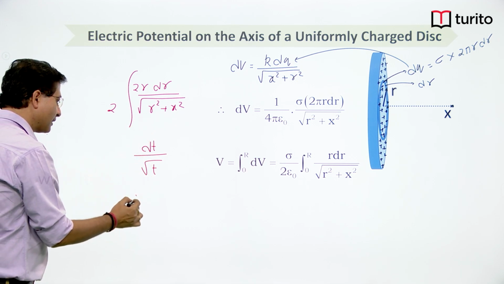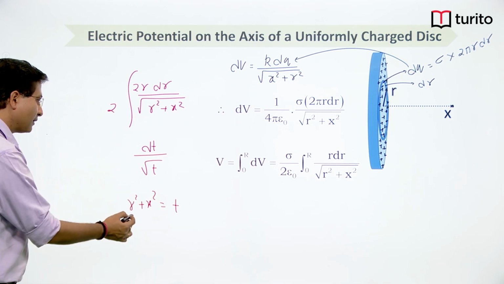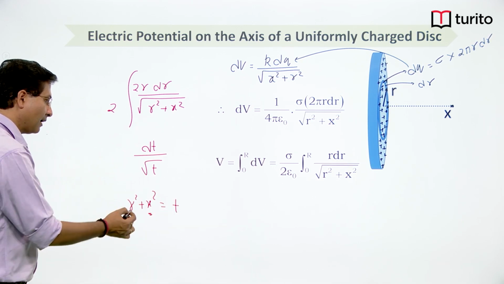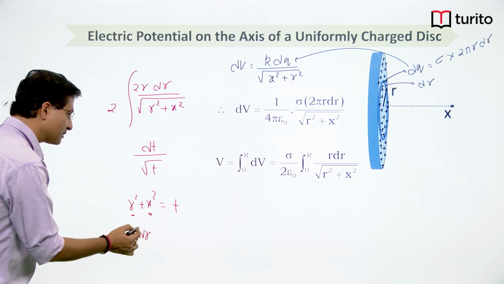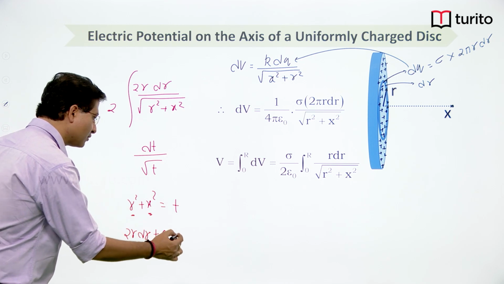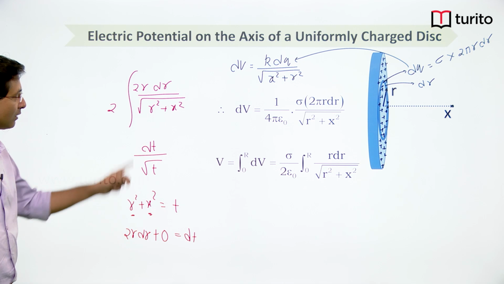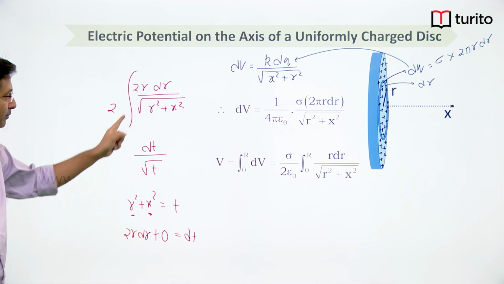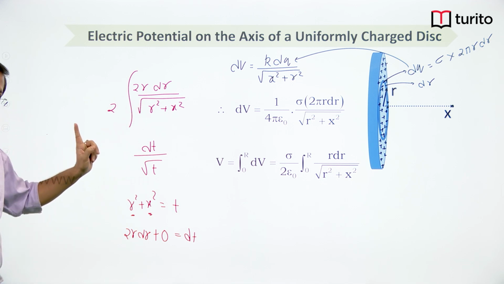So, I am assuming r square plus x square is equal to t. Here r is variable, x is constant. R is variable, that means 2r dr, after differentiation the constant term being 0, is dt. So, in place of 2r dr I can write dt, and in place of under root r square plus x square I can substitute t, right.